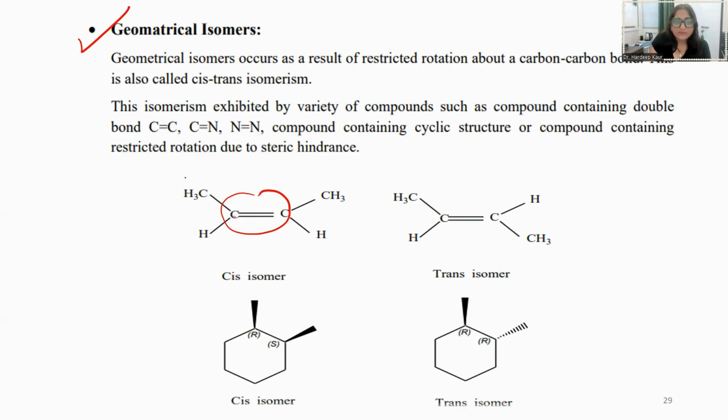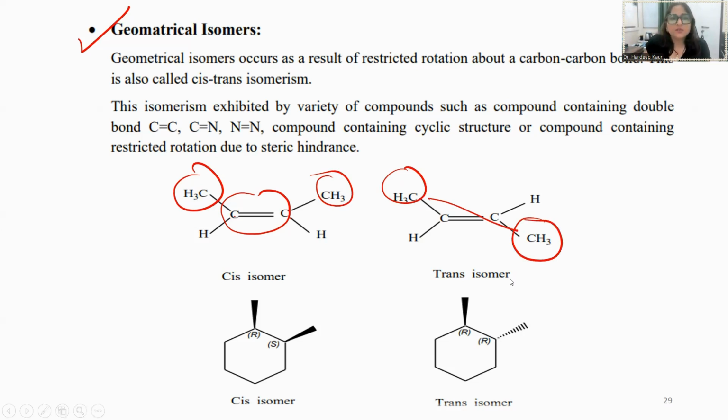In cis, groups of the same kind will be on the same side, and in trans, they are on opposite sides. Isomers can exhibit this in compounds having a carbon-carbon double bond, carbon-nitrogen double bond, or in cyclic compounds, where rotation is restricted due to steric hindrance. So these are all geometrical isomers.